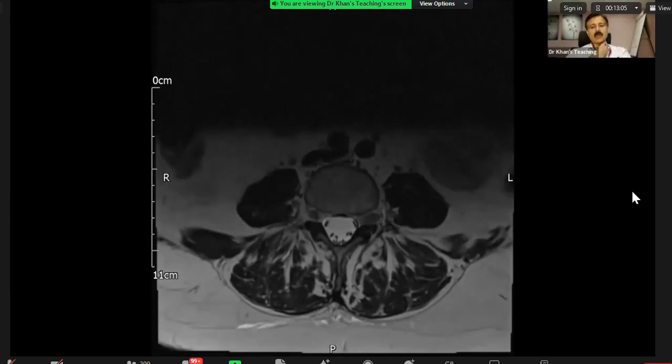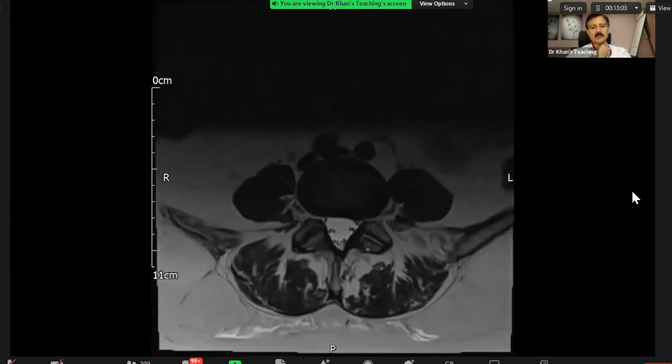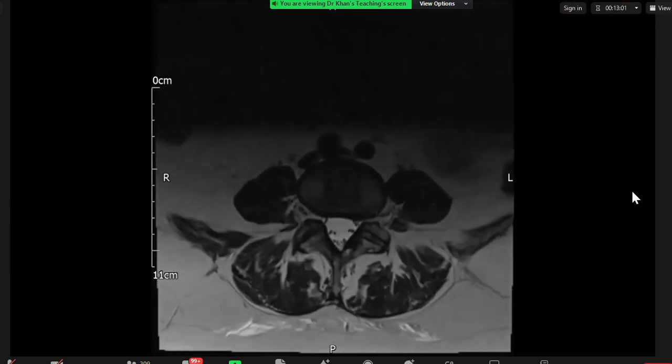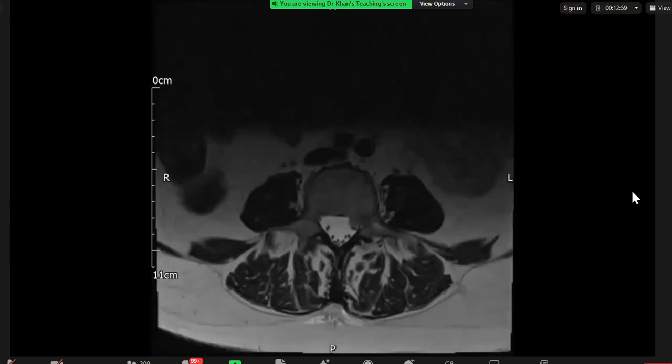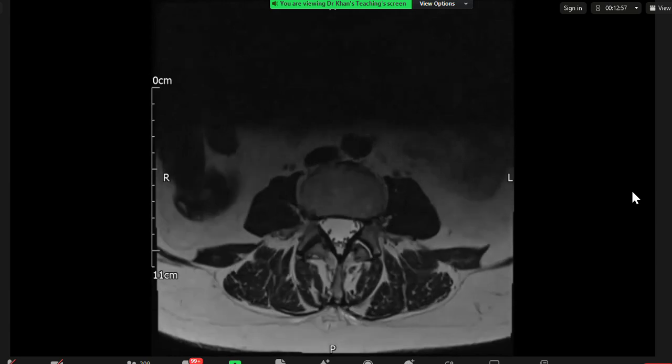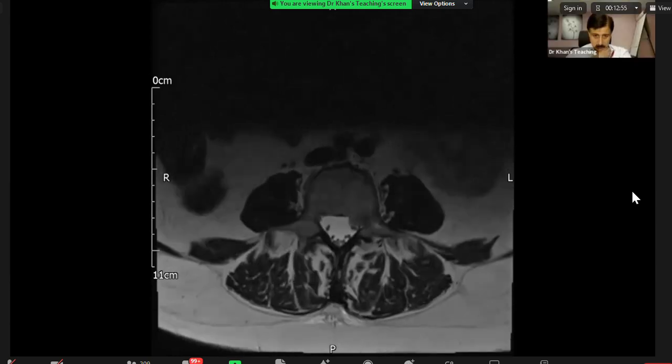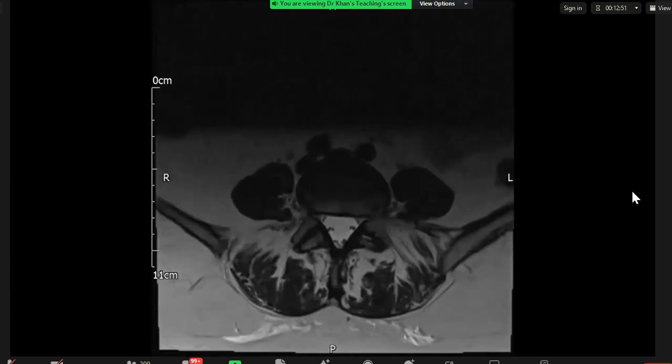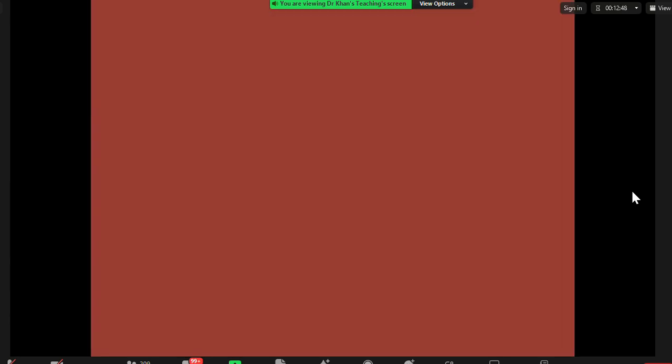What are you going to advise? This could be a neural lesion. What will you do? I would like to give contrast to see if this enhances. Please go to the next sequence, please. Continue.